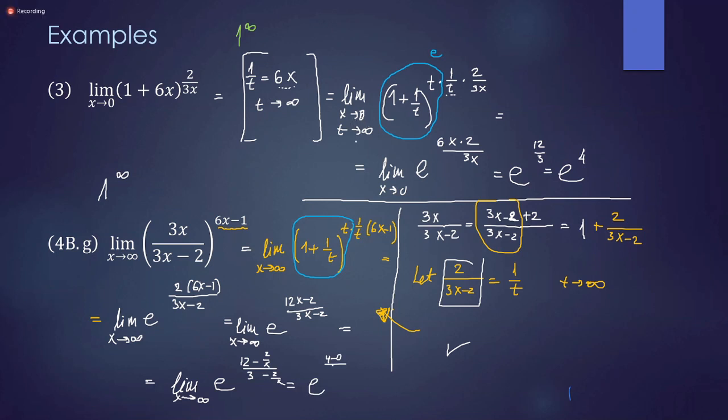Wait, 12 over 3, we have e to the power 4, sorry. I got carried away. Was looking at something that was not there. 12 minus 0, 3 minus 0, so we actually have e to the power 4 as the final answer.